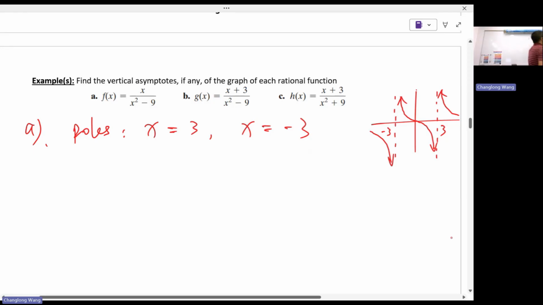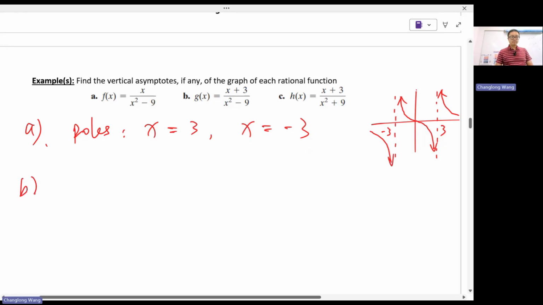Now, do you see that? Since both poles are odd, as the graph gets closer to the pole, it will go to either positive or negative infinity, but never in the same direction. So one going up, one going down. The graph could sometimes be above or below the horizontal axis. There are good reasons for that, but we'll get to that later.